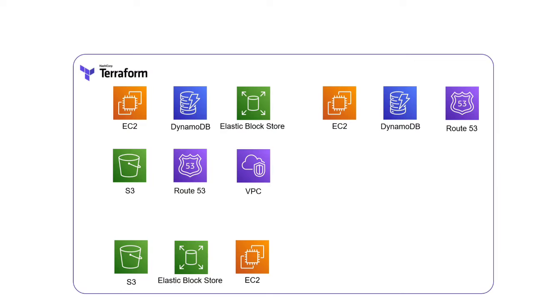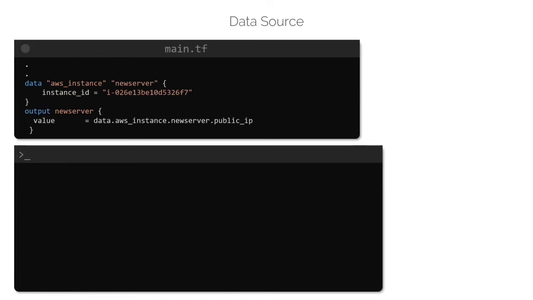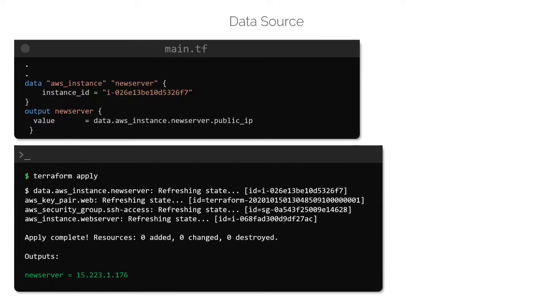Earlier, we saw how to read data from other resources that are not managed by the current Terraform configuration by making use of data sources. While this helps us to make use of the attributes of the data source, the resource itself is not managed by Terraform at this stage. For example, here we have a data source block which will read the attributes of an existing AWS instance with the matching instance ID.